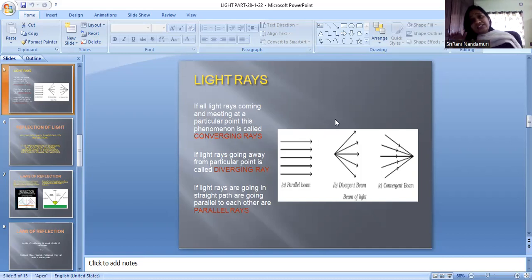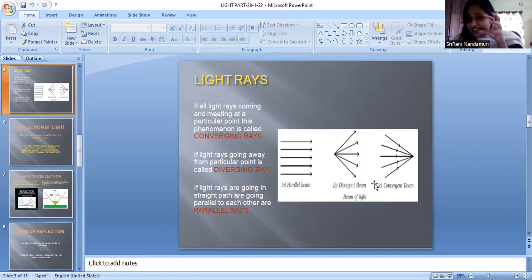How can these light rays be classified? Does only one single ray pass in the medium? No. A beam of light rays travels. So based upon this, we can classify it into three types: convergent rays, divergent rays, and parallel rays.